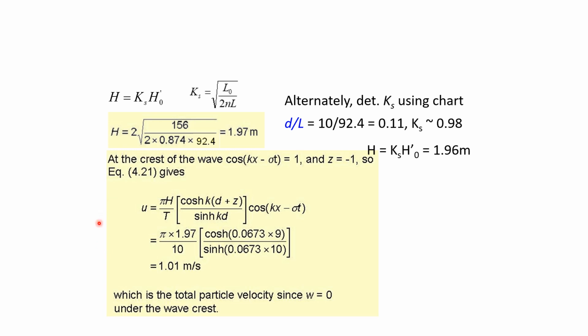So at this location, which is 10 meters deep, but 1 meter below the water surface, the water particle motion has a maximum velocity of 1.01 meters per second. And since we are talking about the crest, the vertical component of the velocity will be equal to 0.